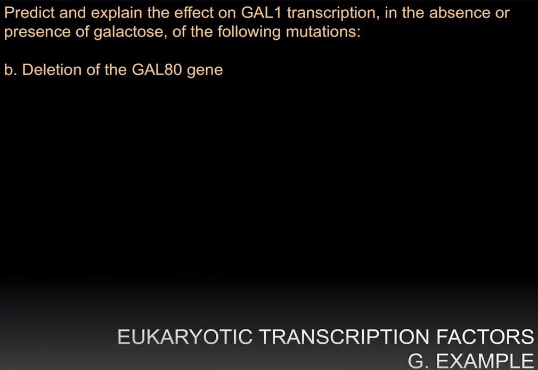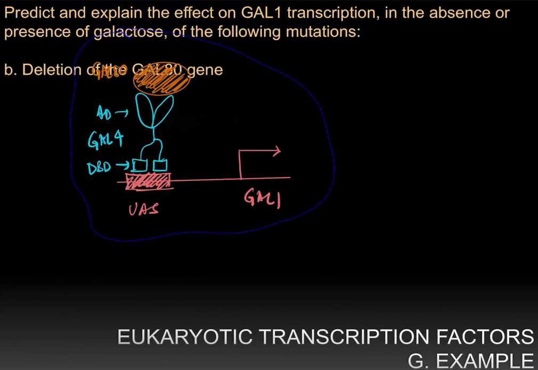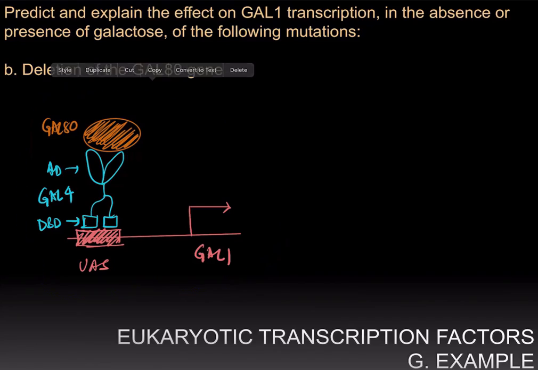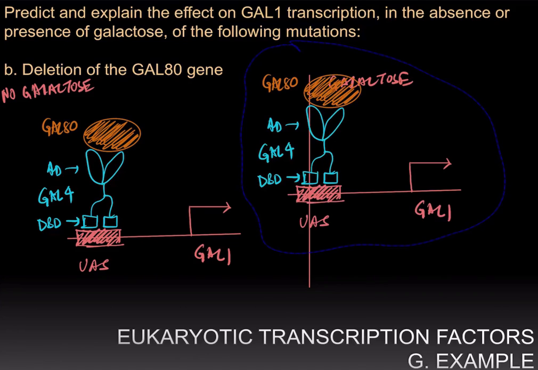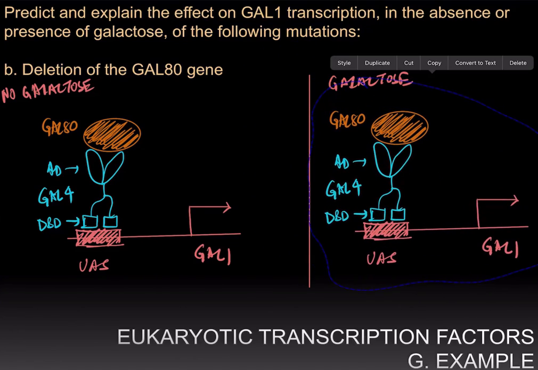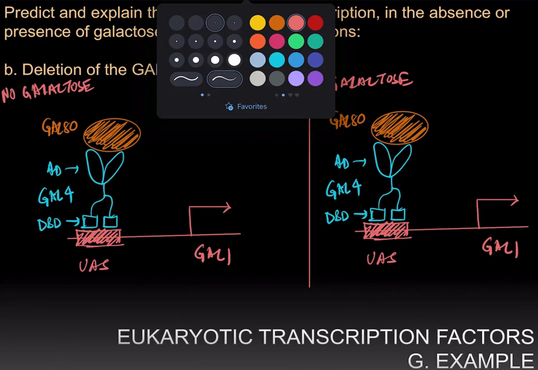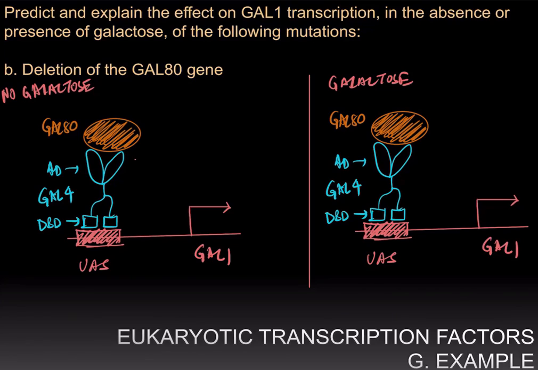In the second condition that we are asked to predict, the GAL80 gene has been deleted. And so we can construct the same two situations as before. You have no galactose and here you have galactose. And once again, if this were a wild type cell, then GAL80 would prevent recruitment of RNA polymerase.